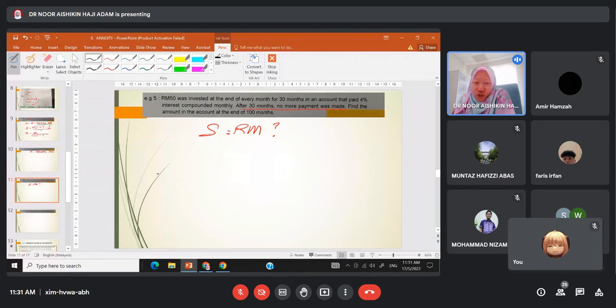Okay. This is a question that combines annuity with just compound interest. So the amount you want to find is actually the compound amount. Why compound amount? Not the annuity amount, but the compound amount. And why do I say that? Here at zero, nothing happens. But at the end of the first month, he invests RM50.